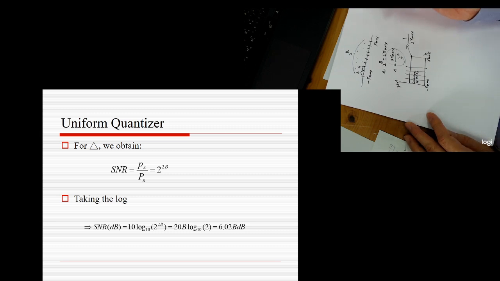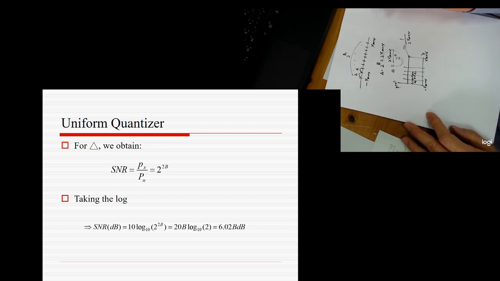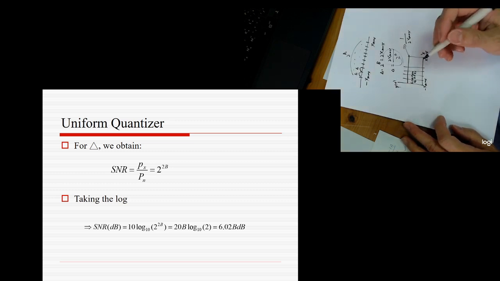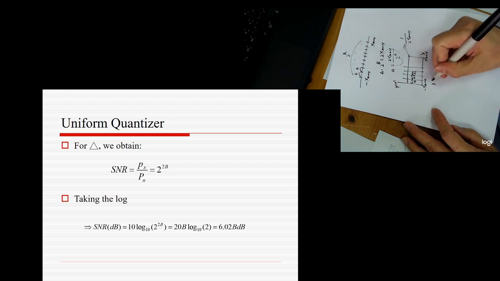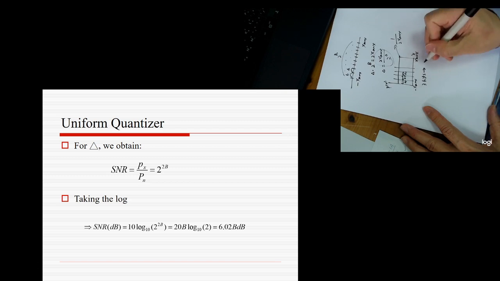Based on this condition, if we increase the encoding bits by 1 bit, the number of quantization levels doubles. So if we use 3 bits to encode, we have a certain number of quantization levels.